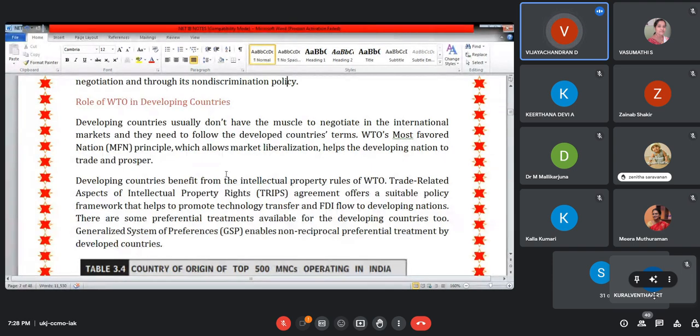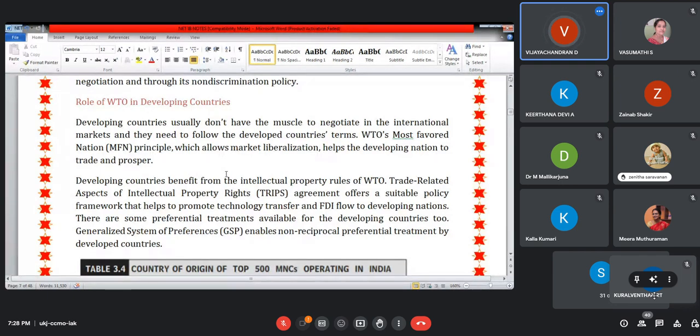So there will not be any problem for the developing nation in international trade. That will be managed by the scheme. What is that scheme? MFN. MFN means most favored nation.